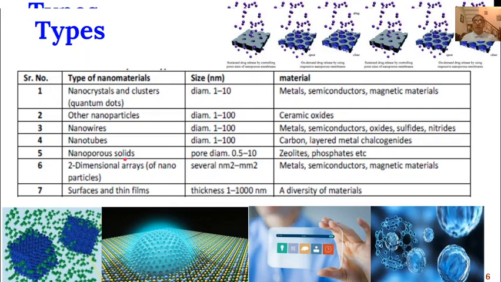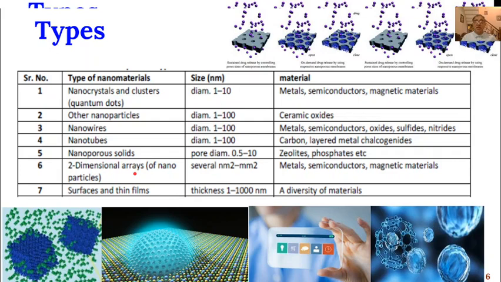And then nanoporous solids have a diameter ranging from 0.5 to 10 nanometers. The zeolites and phosphates, etc., are examples of nanoporous solids.